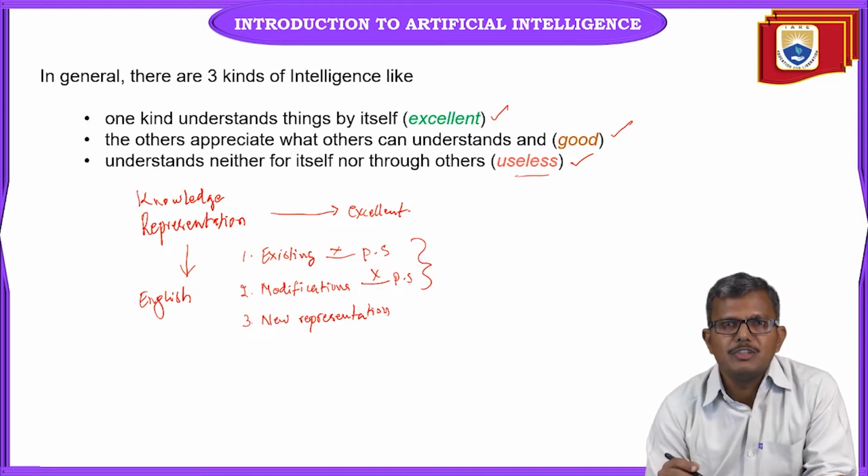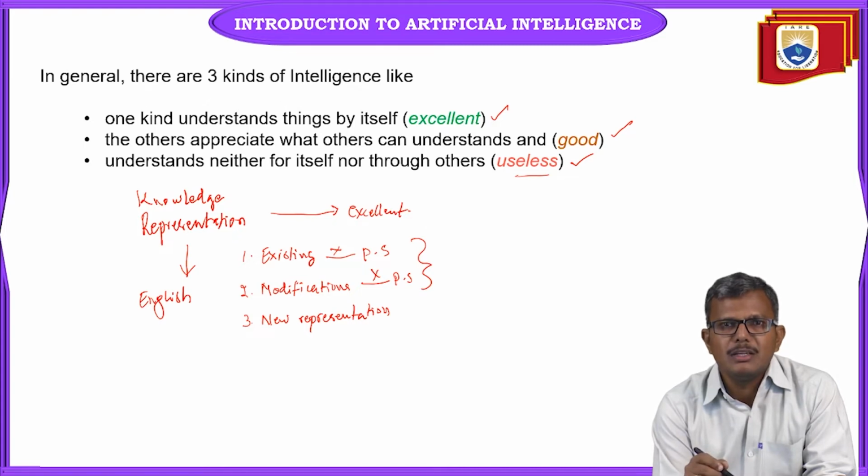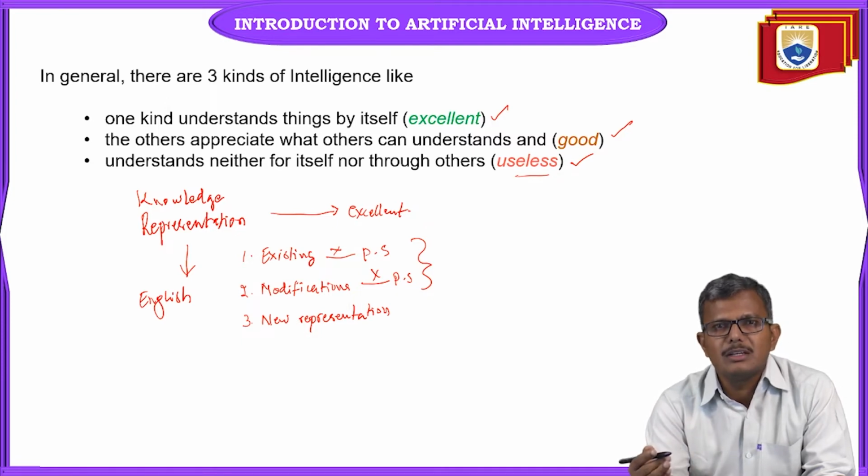In other words, knowledge which is directly understood by anybody is an excellent knowledge. Sometimes only when somebody explains it clearly are we able to understand it; directly by reading it, we won't understand. In that case, we can say that it is good.